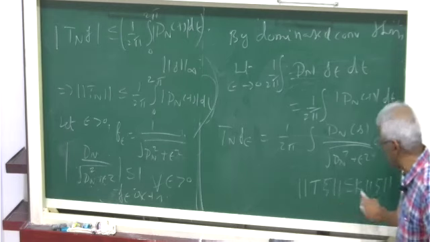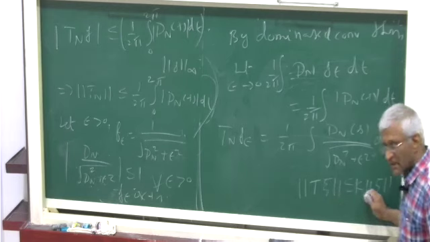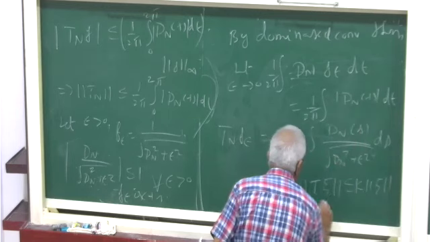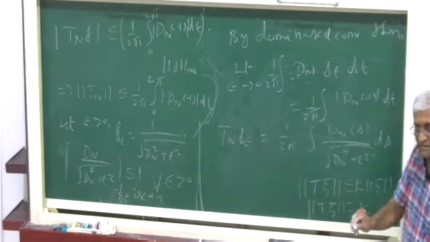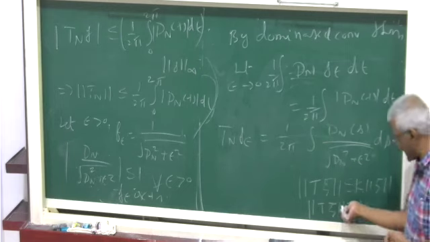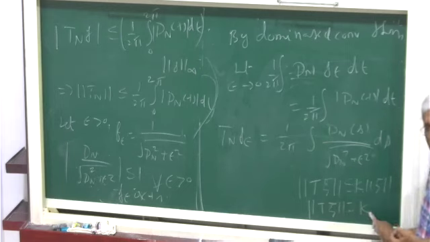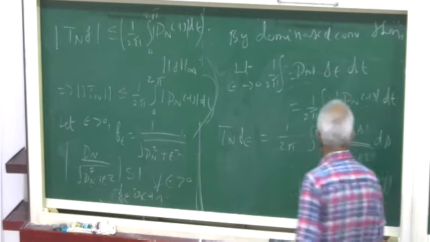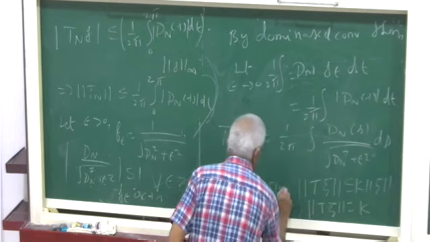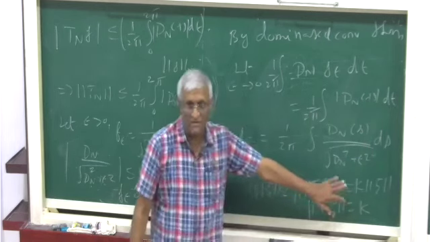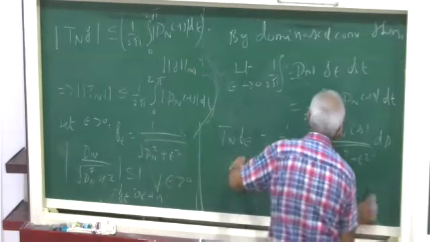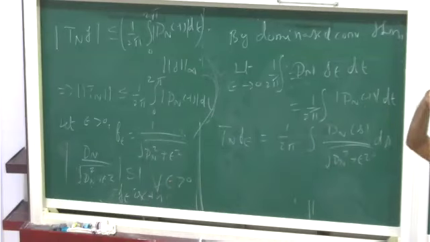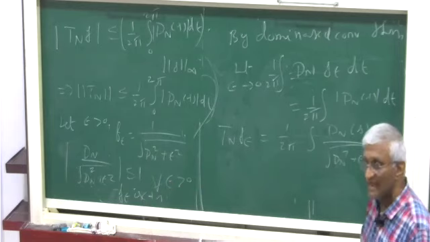If you want to prove equality, use one single xi that attains it. If that is not possible, you produce a sequence xi n such that the norm of T xi n converges to this, where the norm of xi should be less than or equal to 1. These things I have said when we were discussing the boundary layer.